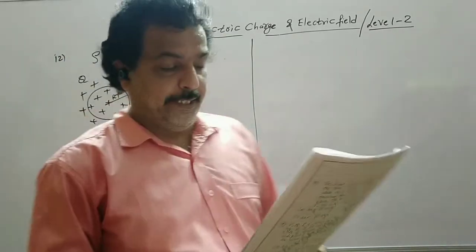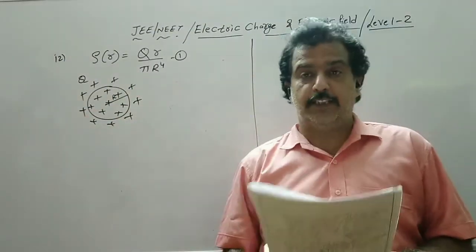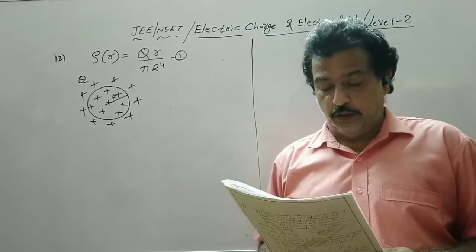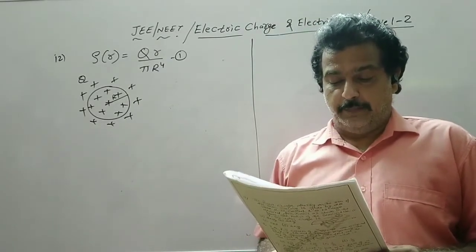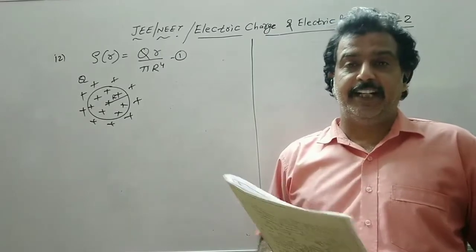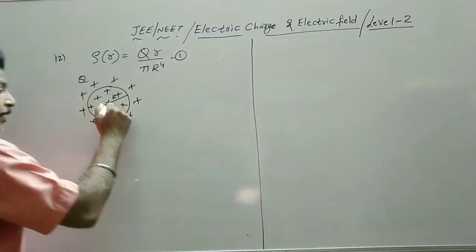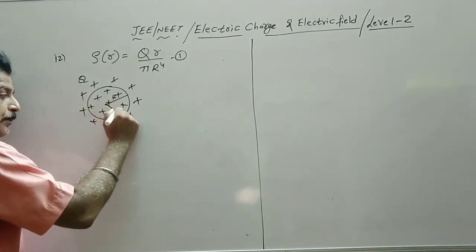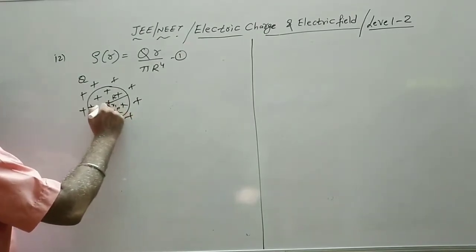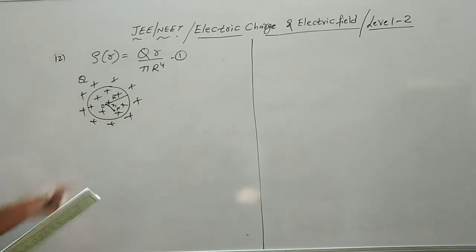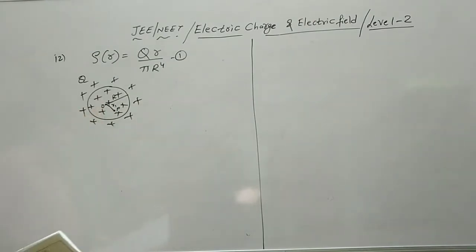For a point P inside the sphere at a distance r1 from the center of the sphere, the magnitude of electric field is. So again I have to find out the electric field at a point which is at a distance r1 from the center.